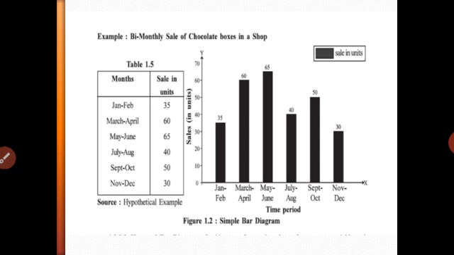Now you can see January to February 35 units, March to April 60 units, May to June 65 units, July to August 40 units, September to October 50 units, November to December 30 units. It means in different months, different units are sold.